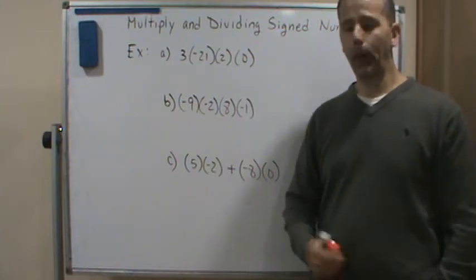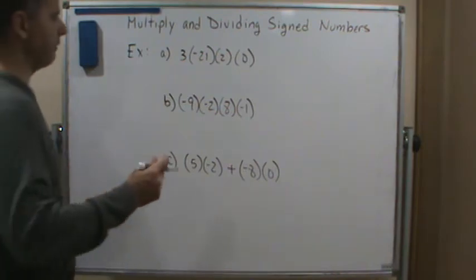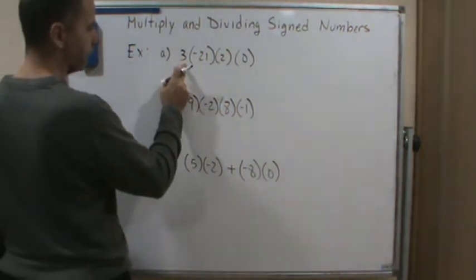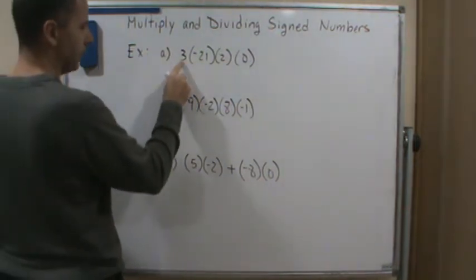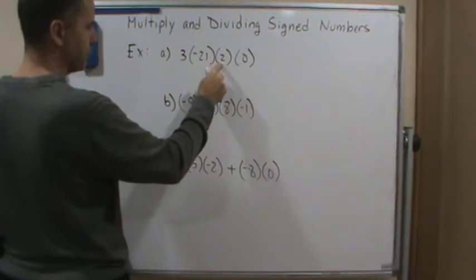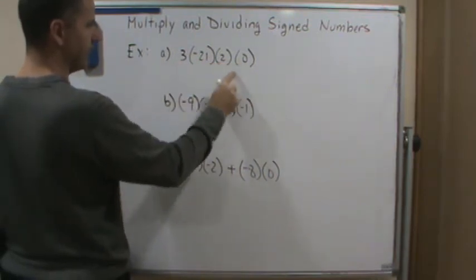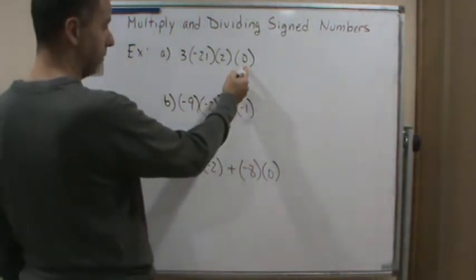Okay, so let's look at some examples here. Here I've got this product, right? I've got these four numbers, but if I multiply 3 times negative 21 times 2 times 0, it doesn't matter what these numbers turn out to be, because at the end I'm multiplying by 0.